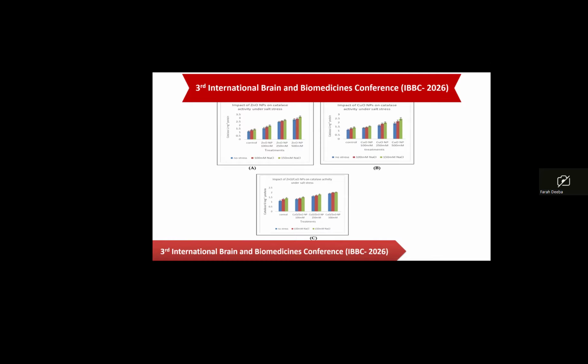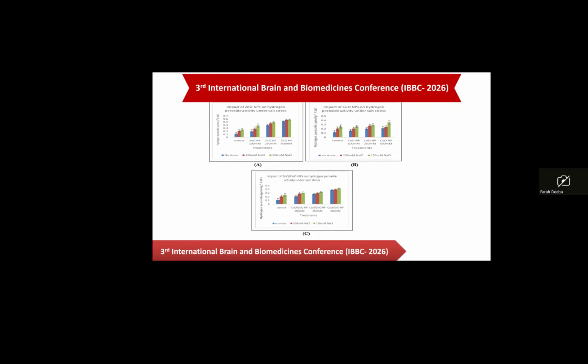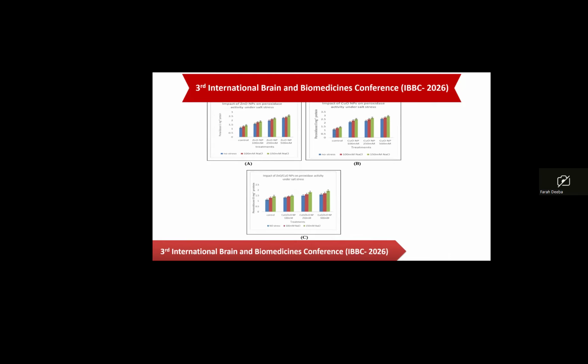Nanoparticle application enhanced the antioxidant response in chickpea plants. As you can see, there is increased catalase activity, an increase in hydrogen peroxide, and an increase in peroxidase activity, which indicates that treated plants had a stronger defense system against the oxidative damage caused by salinity.